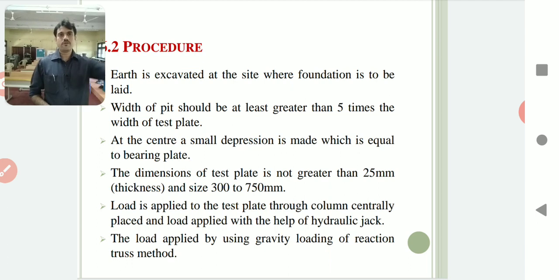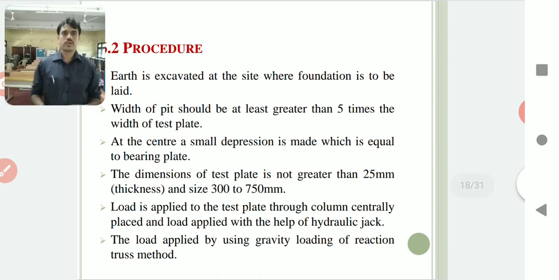That means if you are selecting a 300 mm plate, it must be greater than 5 times 300 mm, nothing but 5 threes are 15, that means 1.5 meters. The width of the trench must be greater than 1.5 meters. If you are selecting a 300 mm plate, definitely the trench width must be more than 1500 mm.